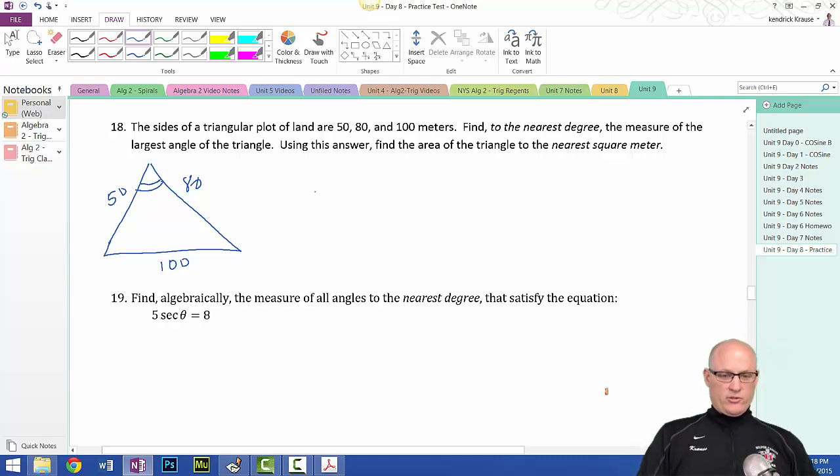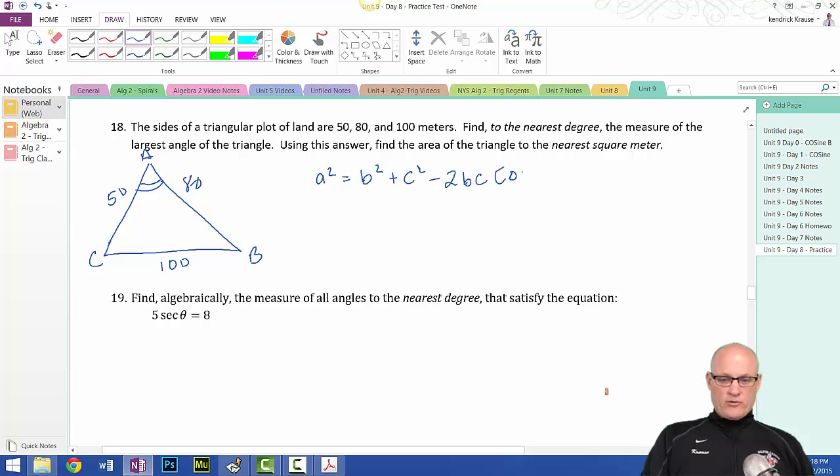So let's call this A and B and C, and we will do a squared is equal to b squared plus c squared minus 2bc cosine a. Now, I'm looking for an angle, so I'm going to isolate the angle. We've done this a million times. A squared minus b squared minus c squared all over negative 2bc. That's what cosine A is equal to.